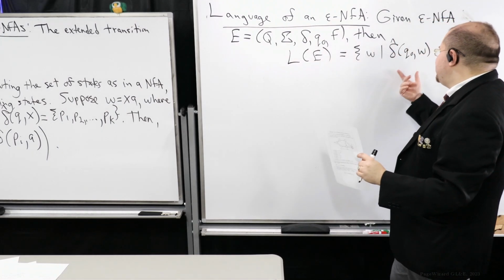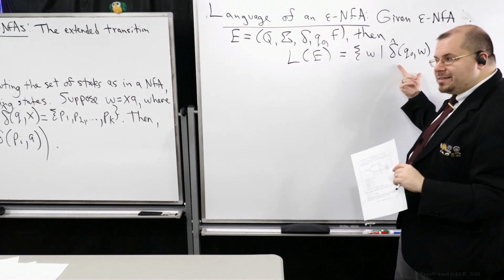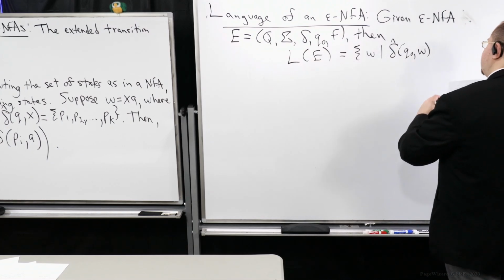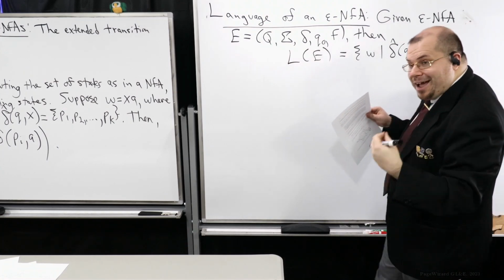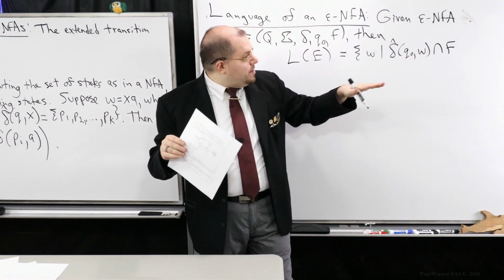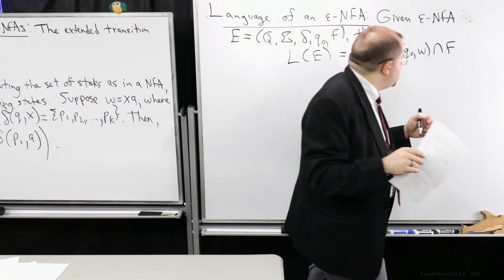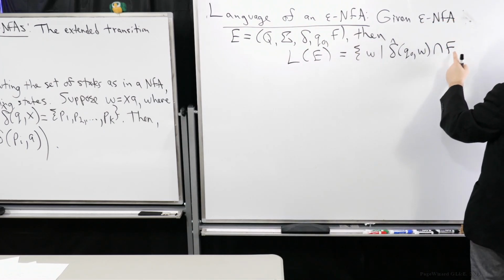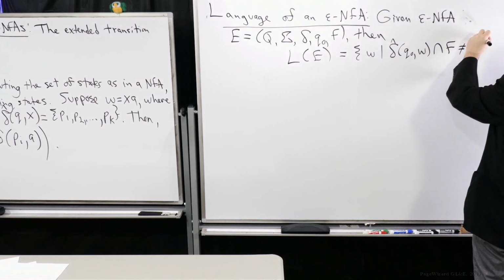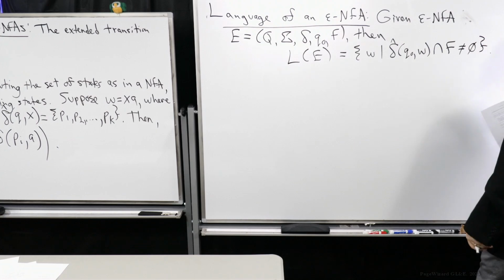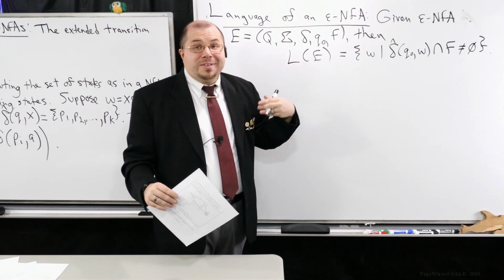We wanted to make sure that there's at least one state in the set of states that is one of the final states. So we intersect it with F, meaning that if this is a non-empty set, there's at least one element in common among the two, meaning at least one state in F belongs to this set as well. As long as that's not empty. That is the language of an epsilon NFA.